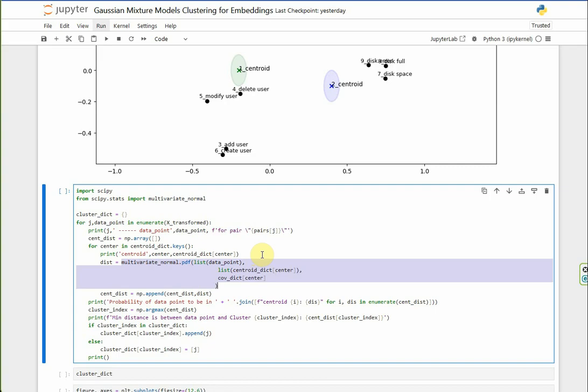In case of distance, the higher the distance value, the smaller the similarity is. We use the multivariate_normal.pdf function from the SciPy library to compute the multivariate normal distribution. And as I mentioned previously, instead of argmin, which we were using to select the minimum distance, now we want to use argmax in order to select the maximum probability value. This is pretty much the only change we have to make to the code in order to implement Gaussian mixtures.